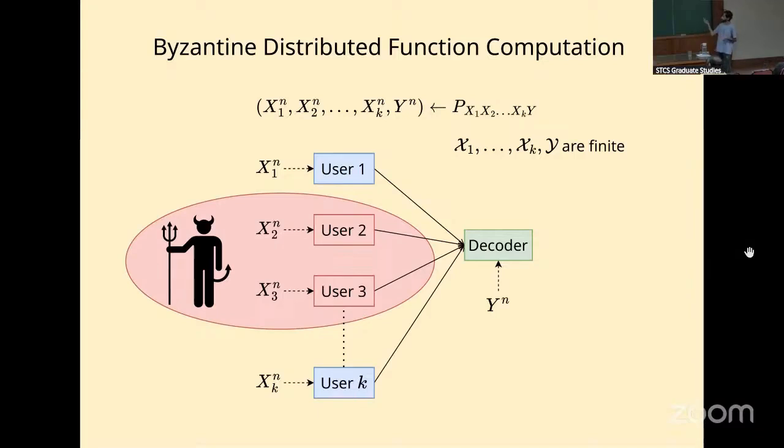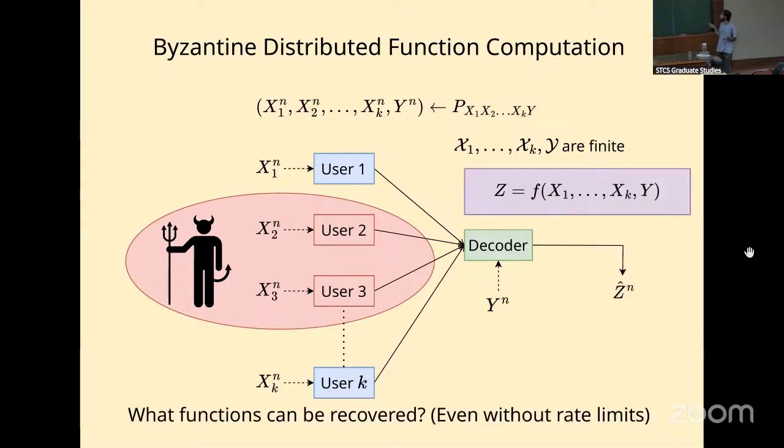It means that the adversary can look at the observations that the users get, jointly compute some function of these observations, and then dictate what these users are going to send. The decoder's goal is the same. It wants to recover some function f.